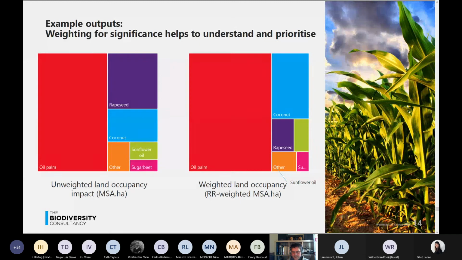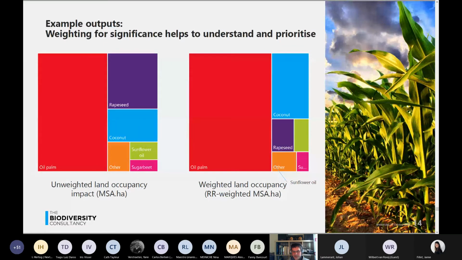I think, as Cath said early on, this was understanding your risks and working out where to prioritize action. And because of the way the metric worked and the way it was set up, we were also able to present these results by individual ingredient, by geography, by business unit, and even you could make approximations for individual products.